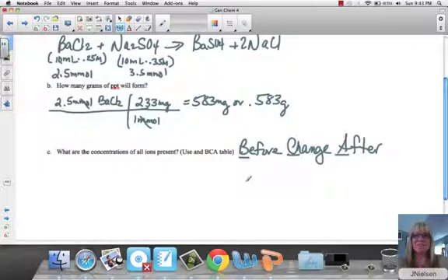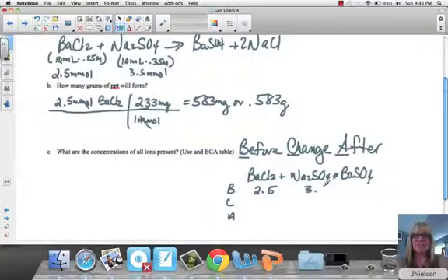So how we do this is we write what we have, BaCl2, and basically it was plus the sodium sulfate, and that yielded BaSO4. So I'm going to look at this strictly from the point of what I had before, what was my change, and what was my after. So I started with 2.5 millimoles of the BaCl2, we figured that out, and Na2SO4 was 3.5, and initially we didn't have any product formed yet.